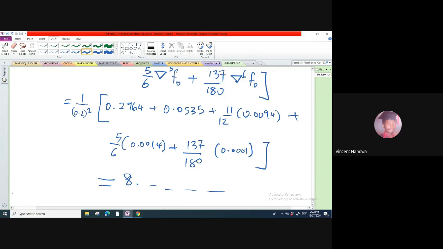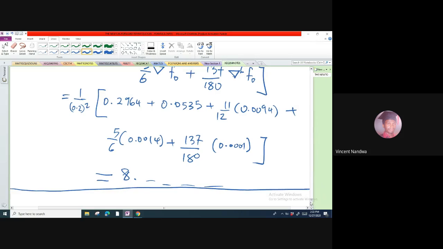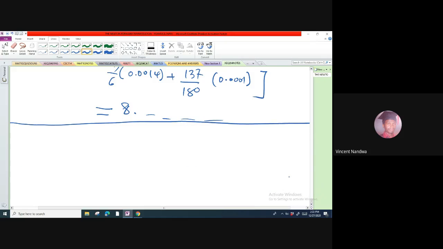So that is how we work out questions on numerical differentiation. As an exercise, find dy/dx at x equals 1.6 and d squared y/dx squared at x equals 1.16.